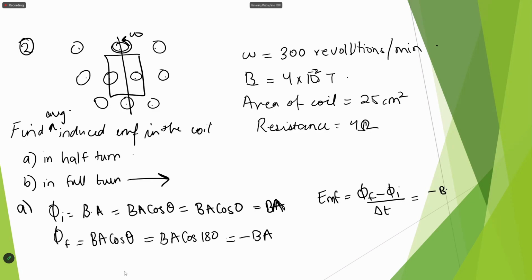It is minus BA minus BA, divided by delta T. Now, this is the part which you have to understand. Delta T, we said that there are 300 revolutions in 1 minute.